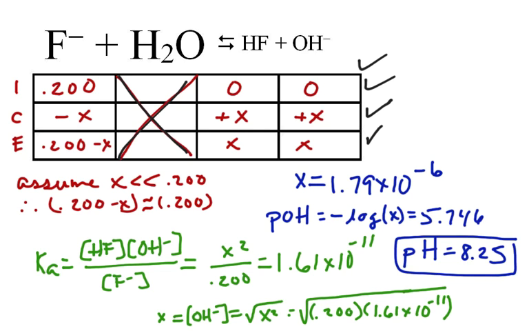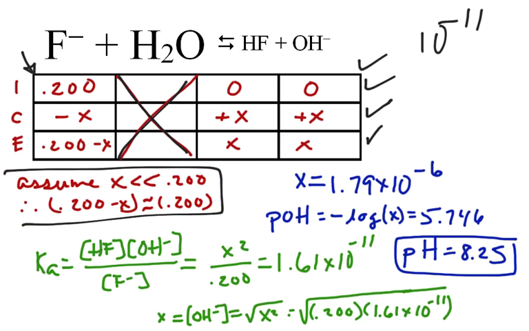Now, because our Kb is very, very small, 10 to the minus 11, compared to our initial concentration, we can assume that x is really negligible. So we're going to be very upfront about that. So assume that x is much smaller than 0.2. Therefore, 0.2 minus x equals 0.2. So we go back to our K. Oops, this is Kb.